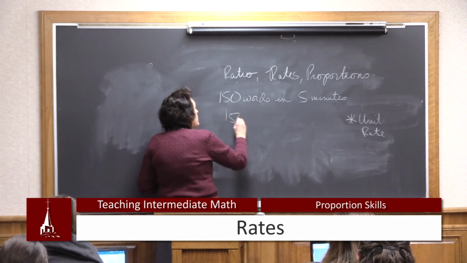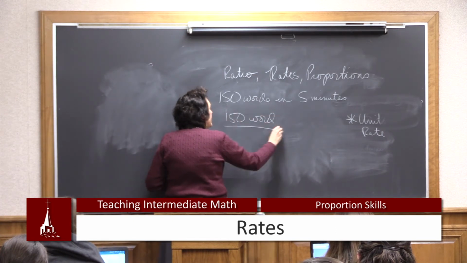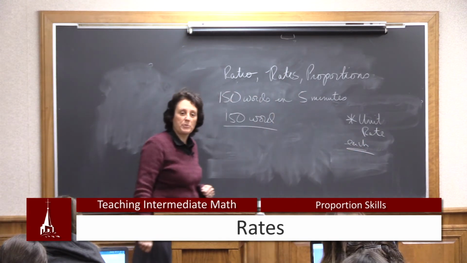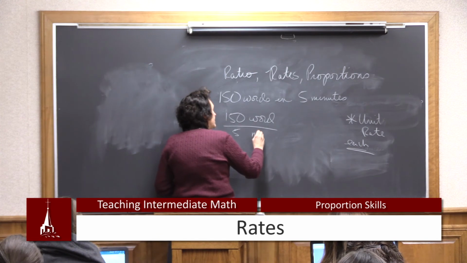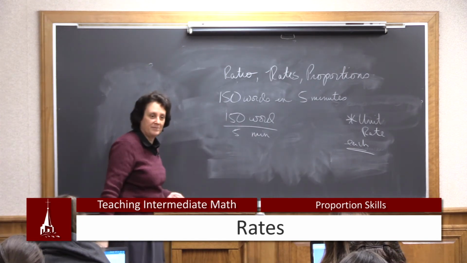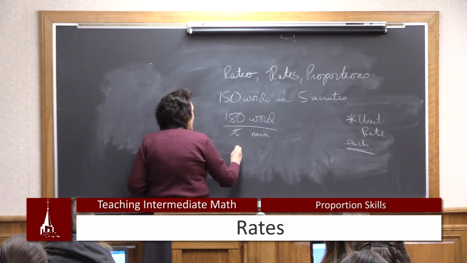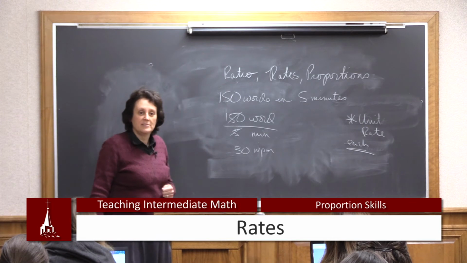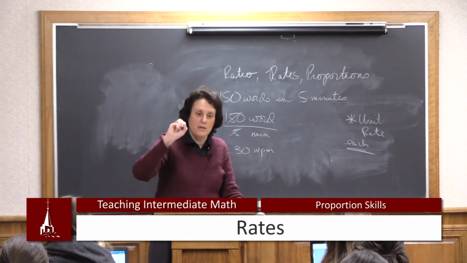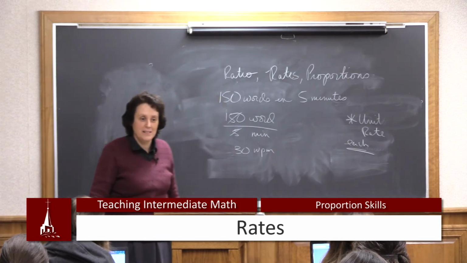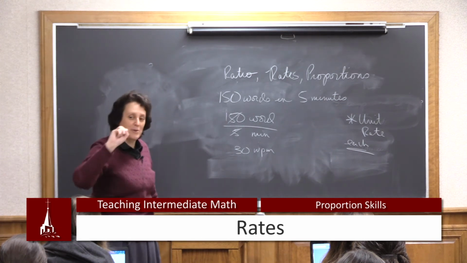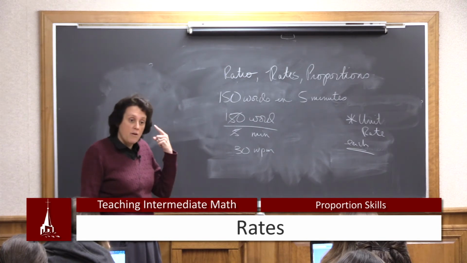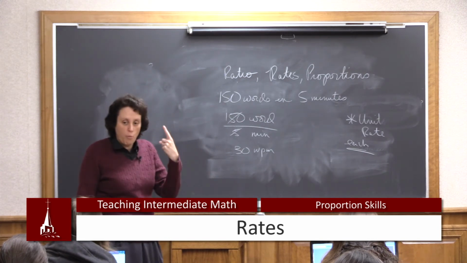I want how many words in each minute. So I'm going to divide by 5 or reduce it. And what do I have? I have 30 words per minute. Right, Mrs. Varner never wrote words per minute. She wrote WPM. Just like we don't write miles per hour, we write MPH, right? This is a unit rate. How many words in 1 minute?